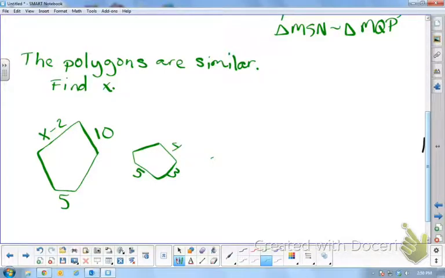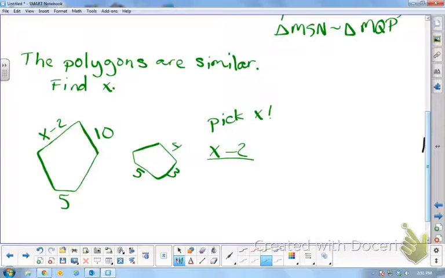Well, we have to pick our corresponding pieces when we set up a proportion, and we may have extra information. So I must always pick x first. It's a must. I must pick x minus 2.